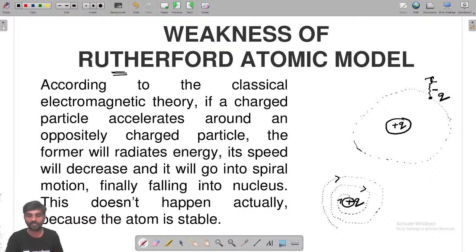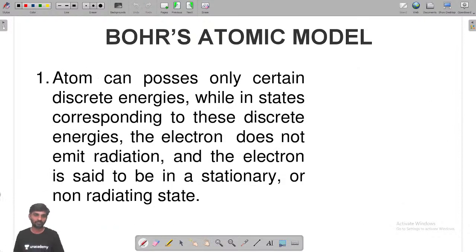So now here comes another scientist called Bohr. What Bohr says is, according to Bohr's atomic model, an atom can possess only certain discrete energies.